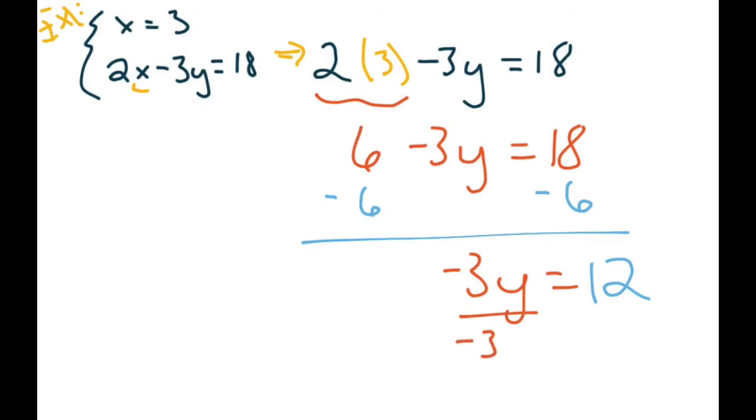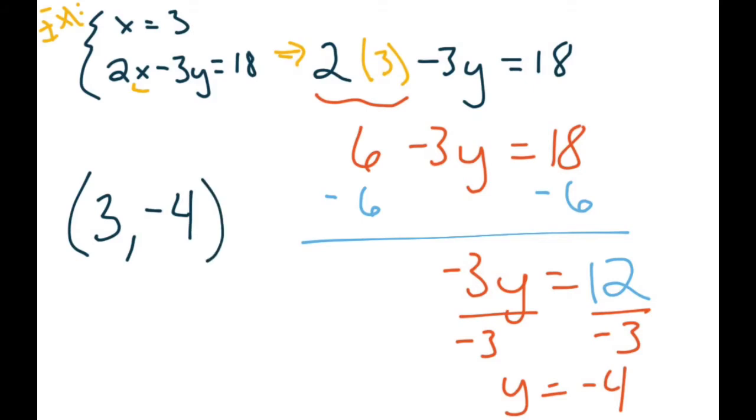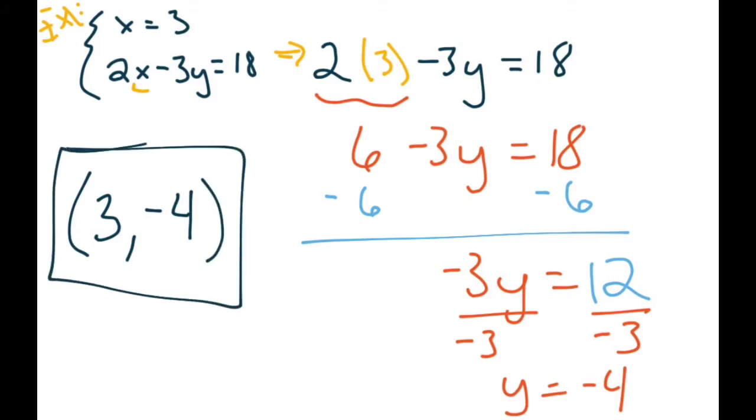This is everything we've been doing in the past, so nothing new here. y equals negative 4. So when we put 3 in for x, you get y equals negative 4. That's your solution, because we know what x is and we know what y is. We write our answer as a coordinate, and our answer is (3, -4). So if we were to graph these two lines, they would intersect at the point (3, -4).